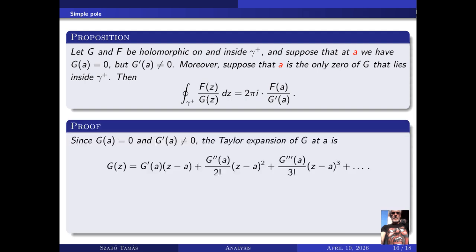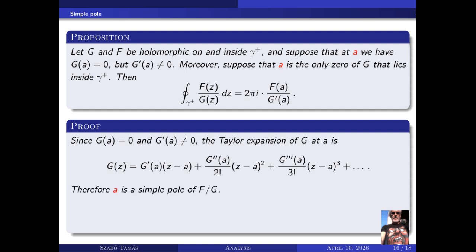Indeed, since g(a) = 0 and g′(a) is not 0, the Taylor expansion of g at a begins with g′(a)(z − a).